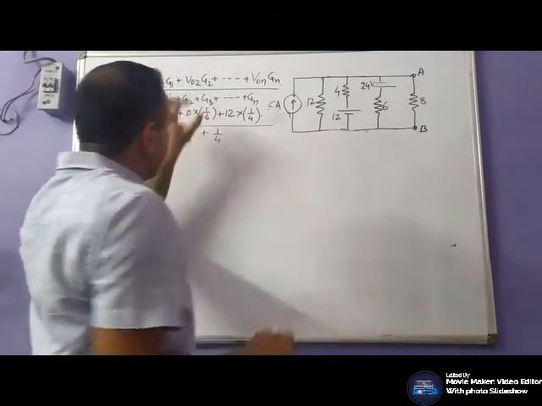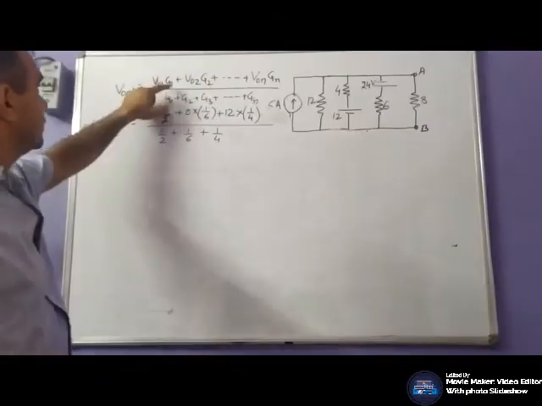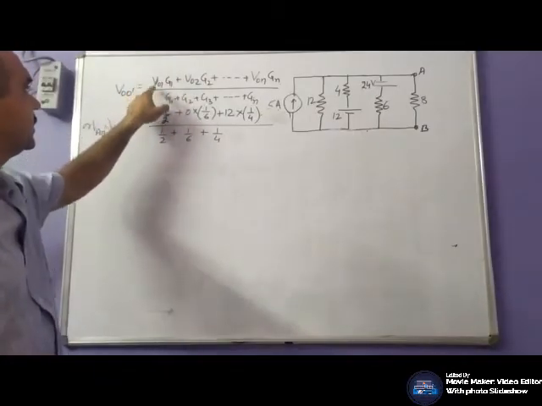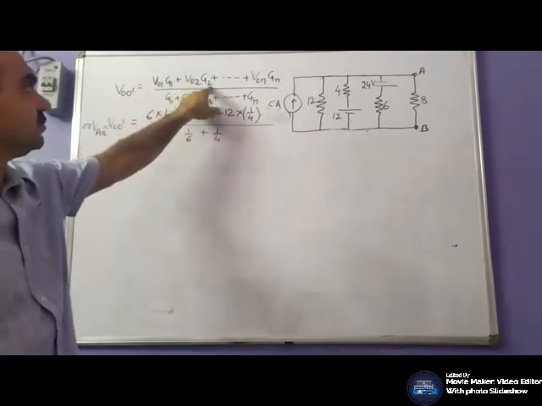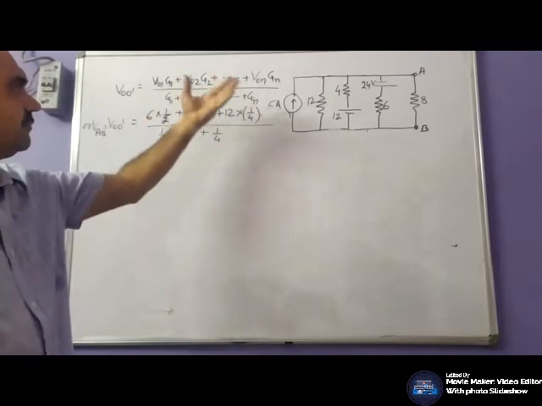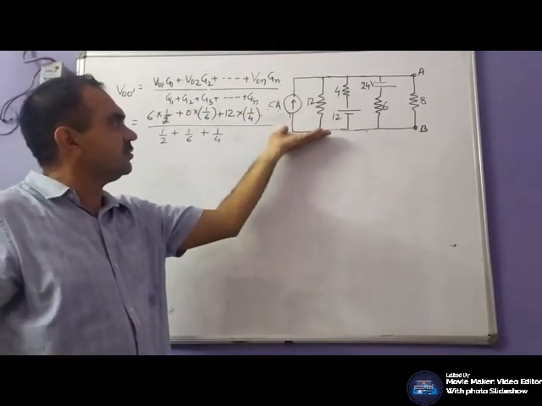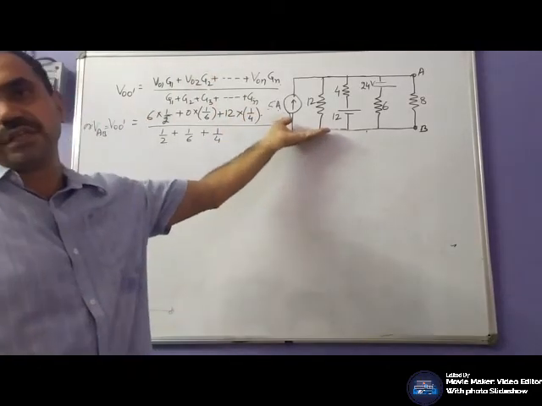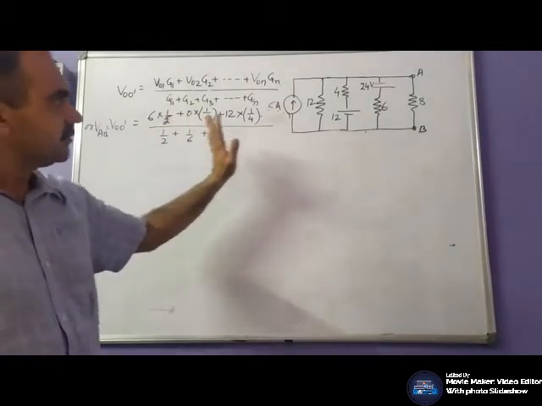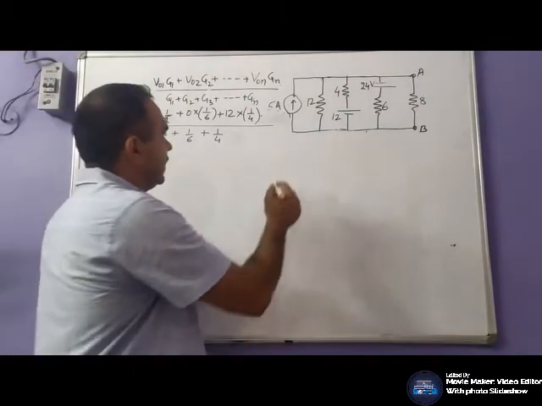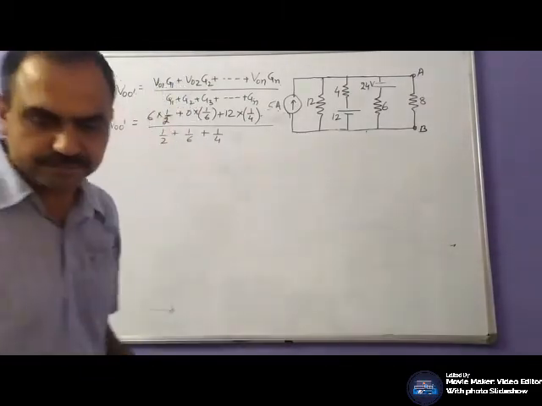Otherwise, you can implement directly, because V1 into G1 is your I1, V2 into G2 is I2. If the first source is a current source, you can use it accordingly. Let us convert these voltage sources into current sources and see what happens.